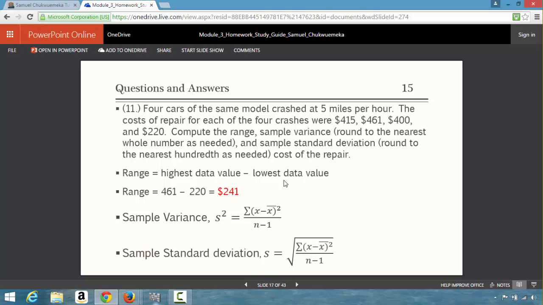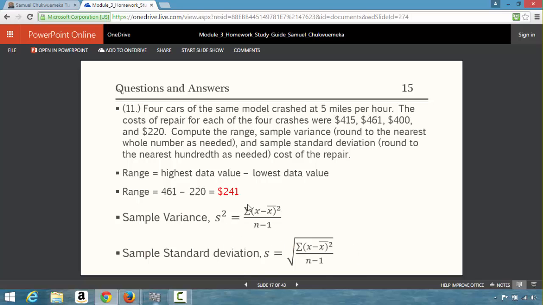It does not concentrate towards the center. It spreads out. The first one is the range. The range is the highest data value minus the lowest data value. It gives you $241.